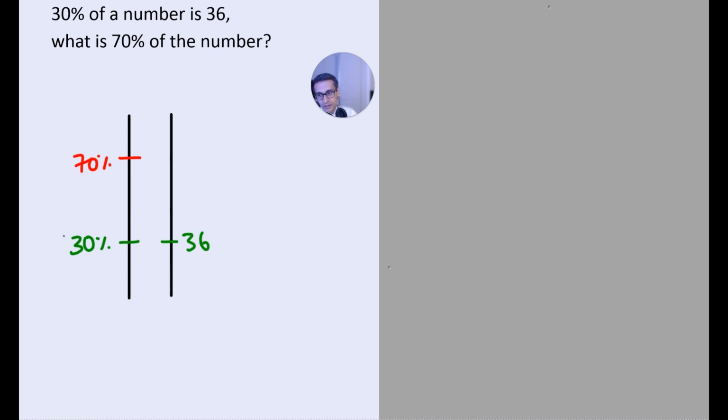Now 30 doesn't go nicely into 70, so we're going to have to find another shorter way. So I'm going to suggest that we could use 10%. And the way we're going to do that is just dividing by 3. So 36 divided by 3, that's going to give us 12.